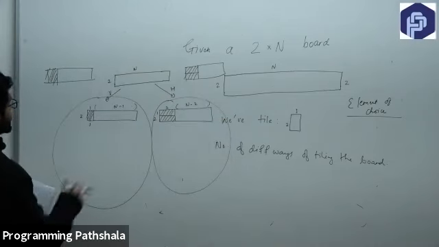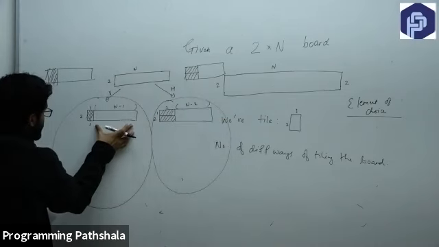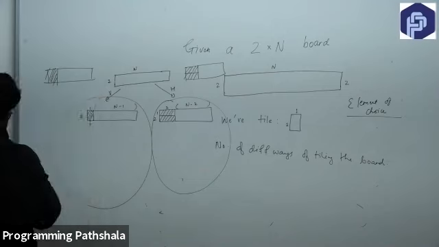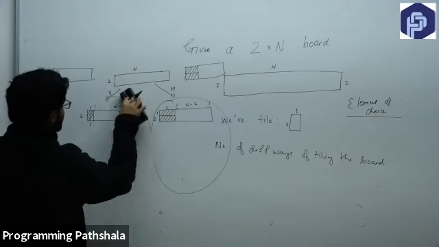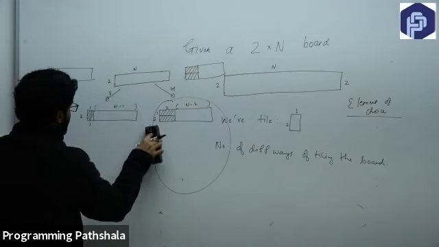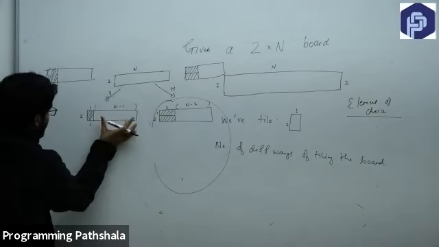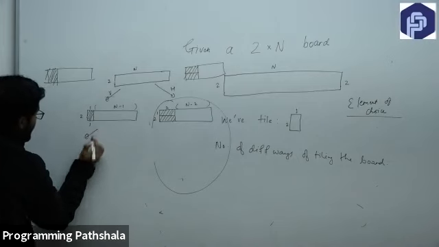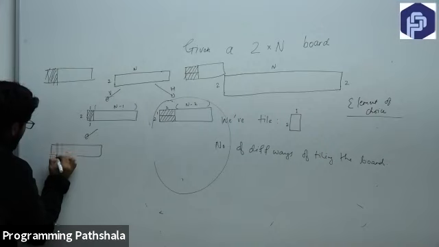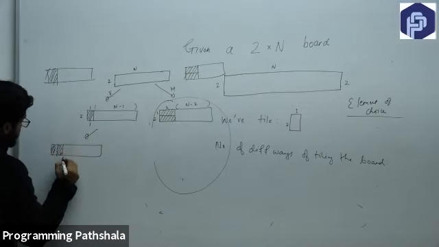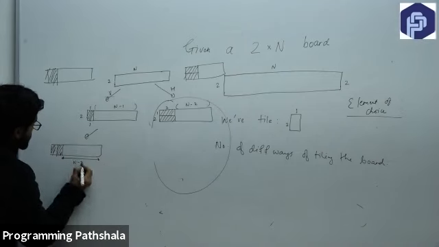Now the same thing that was true for this would be true for this also. When you are tiling the remaining n minus 1 portion, the next tile, you can put another one like this, and then the space that remains with you is n minus 2.